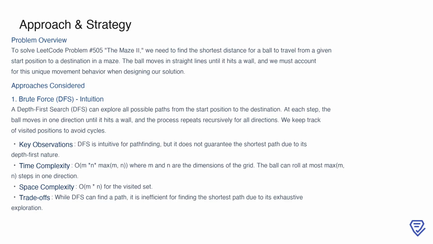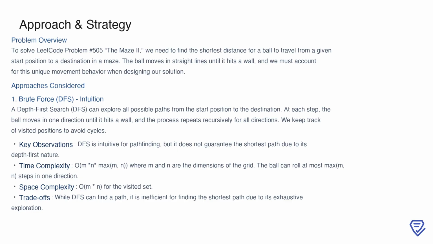This method explores all possible paths recursively, allowing the ball to roll in each direction until it encounters a wall. By marking visited positions, we can avoid revisiting the same points and creating cycles. However, while DFS is intuitive for pathfinding, it is not well suited for finding the shortest path since it doesn't prioritize minimal distances, it simply explores deeply before backtracking.